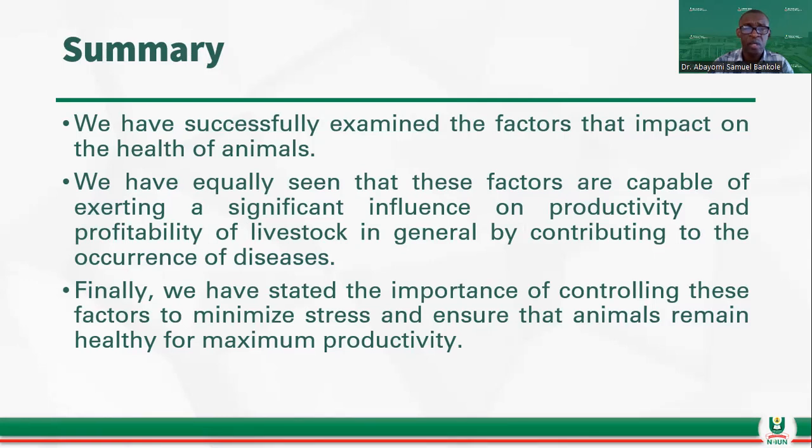Number two, we have equally seen that these factors are capable of exerting a significant influence on productivity and profitability of livestock in general by contributing to the occurrence of diseases. And finally, we have stated the importance of controlling these factors to minimize stress and ensure that animals remain healthy for maximum productivity.